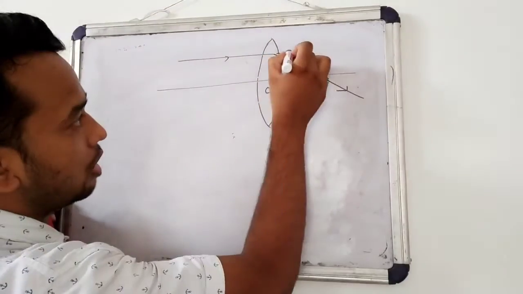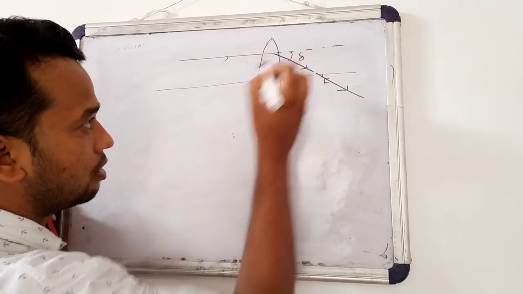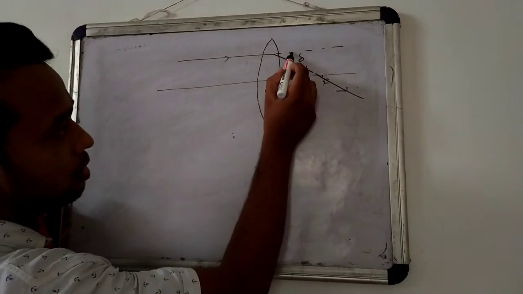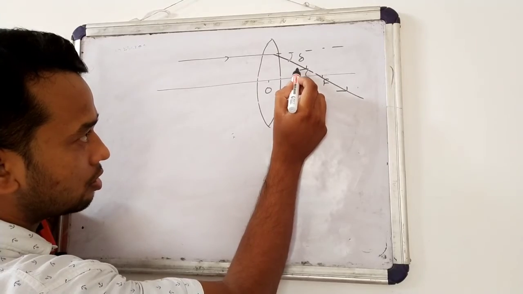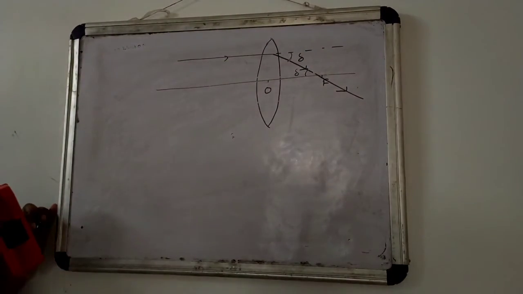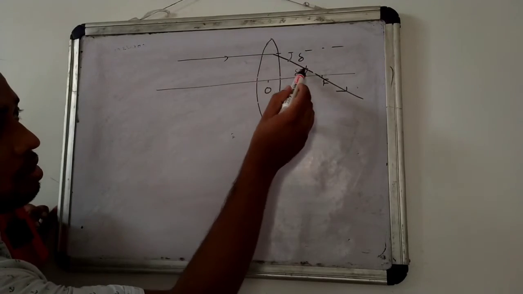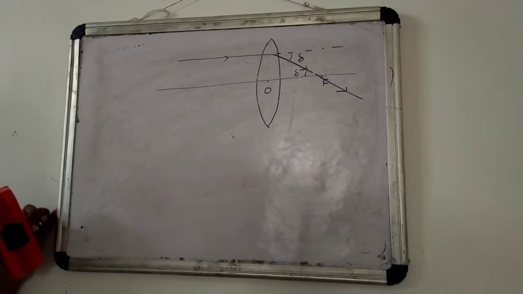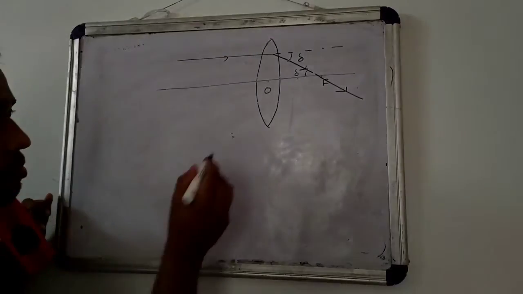Suppose this angle, the angle of convergence, we take as delta. If this angle is delta, then this angle will also be delta, as alternate interior angles, because these two are parallel lines. That is why this angle will also be delta.